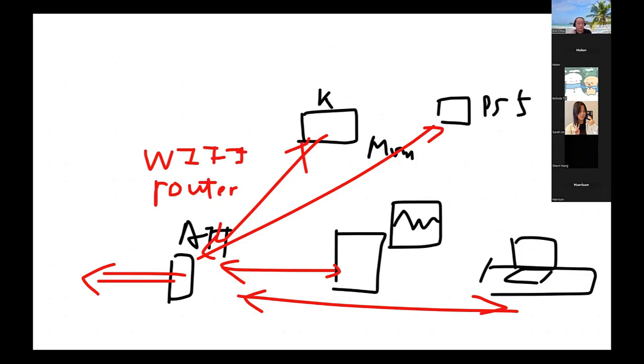Okay. And this one is a router. Sometimes there are big guys who will try to put in a device to listen to your device. That's called a rogue access point.